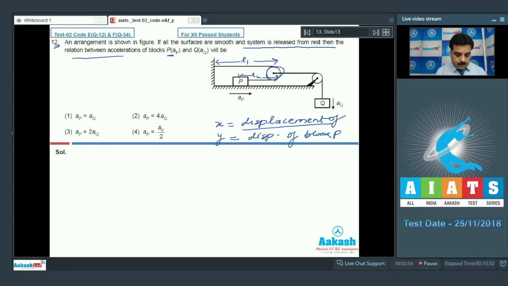Let's suppose this pulley moves here. If it comes up to here, then as per my consideration, this will be X and this will be X. So the total length now is L1 plus X and this length will be L2 plus X. But there is a change in the position of this block. The block will move here. According to my consideration, this is Y.